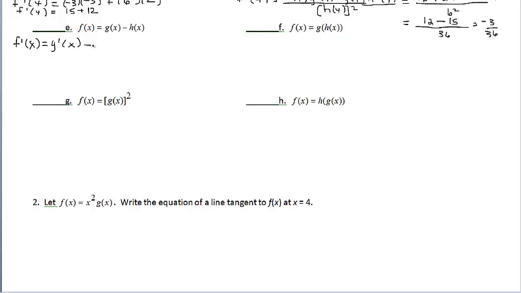So the derivative of each term evaluated at 4. g prime of 4 is 2 minus h prime of 4 is negative 5. Alright, and the result is 7.